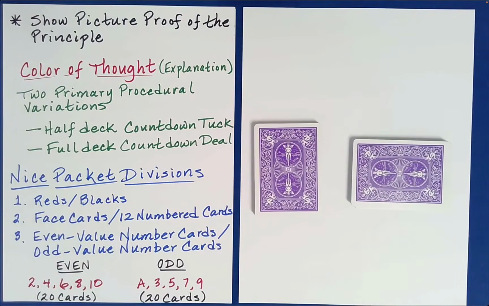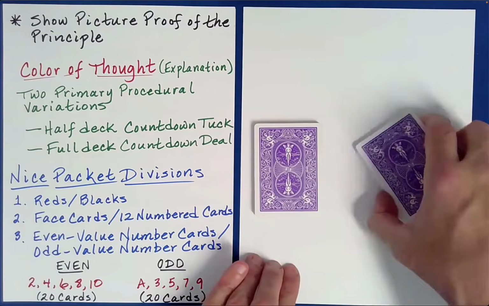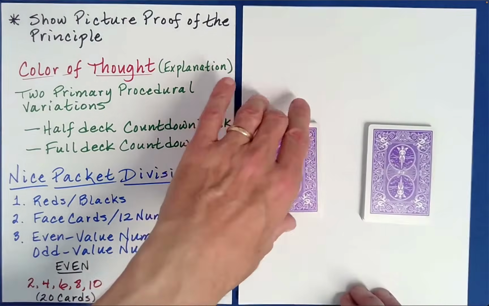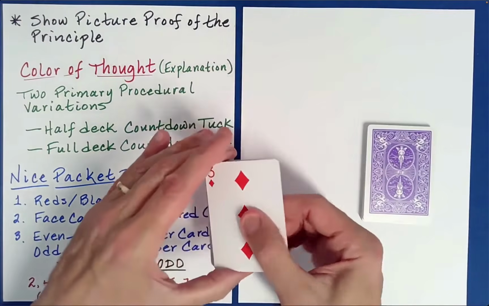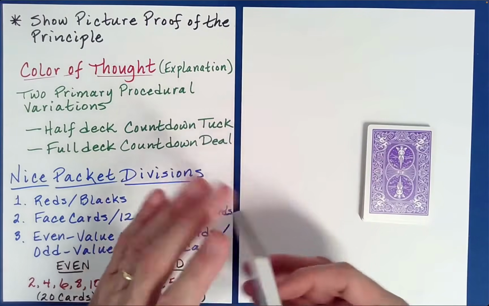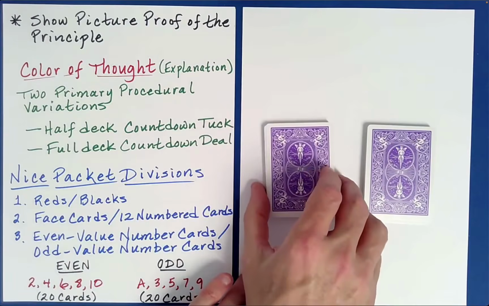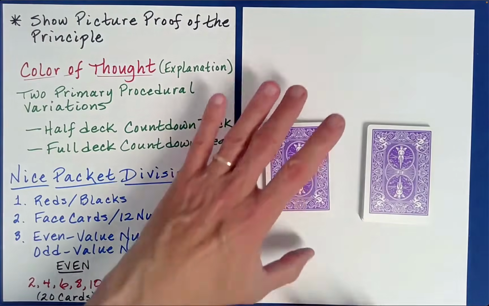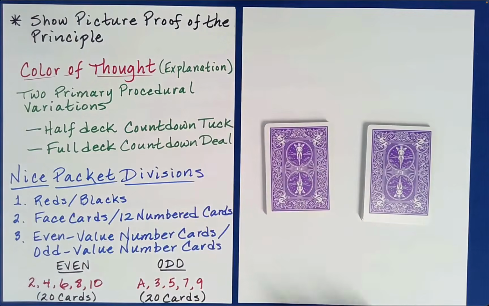Now, once they've done that, and assuming that you know the bottommost red card, okay, so we can see what it is here. It's a 3 of diamonds. Okay, so really the only information you need to know regarding this half is what is the bottommost red card?